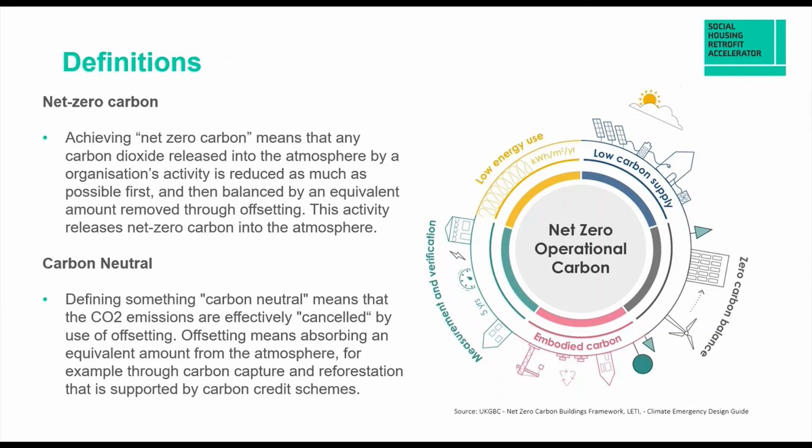Carbon neutral means that CO2 emissions are cancelled by an equivalent amount of offsetting. So there is no focus there on reduction of emissions at source. So I guess a consistent way of reducing emissions would be to go towards net zero carbon rather than carbon neutrality.